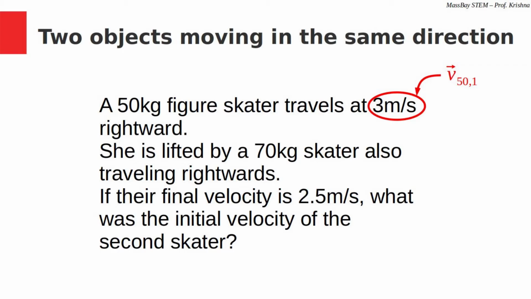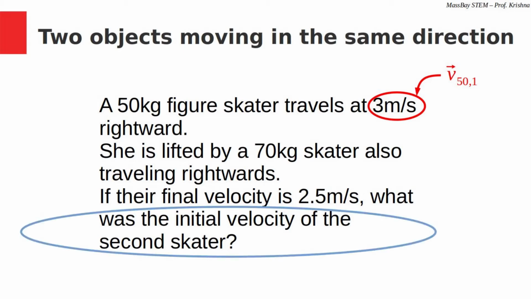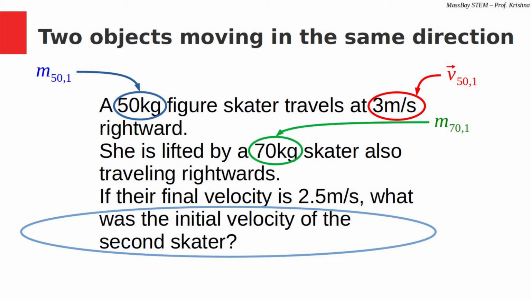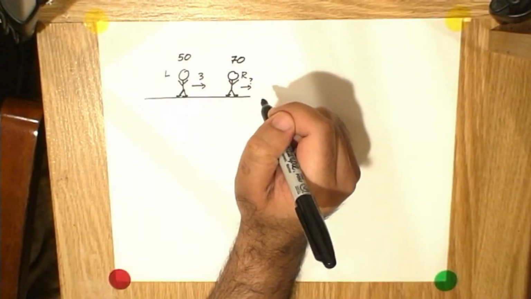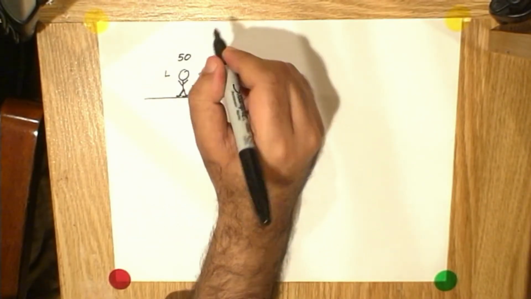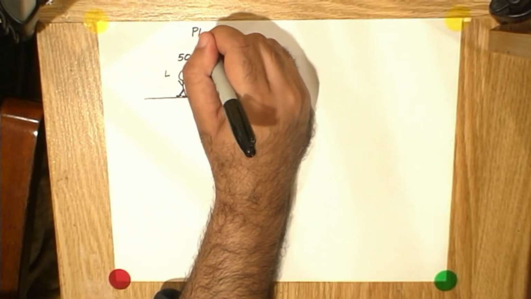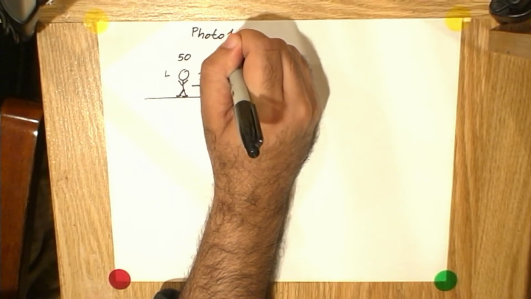The skater on the left has a velocity of 3 meters per second, and the skater on the right has an unknown velocity. The skater on the left has a mass of 50 kilograms. The skater on the right has a mass of 70 kilograms. So this is the scenario that we have when photo 1 is taken.